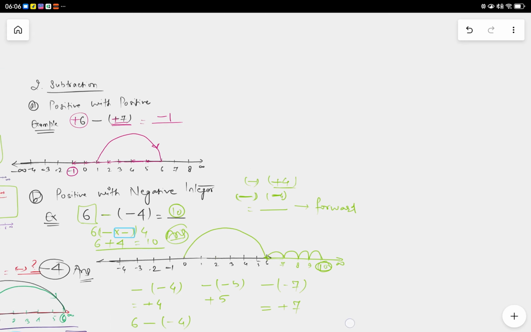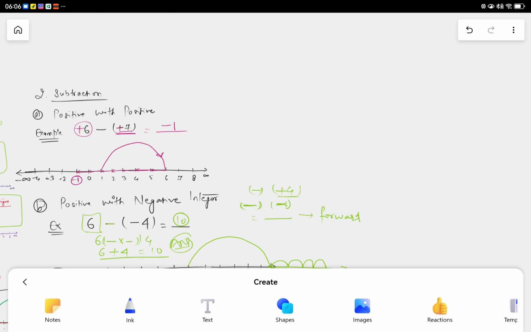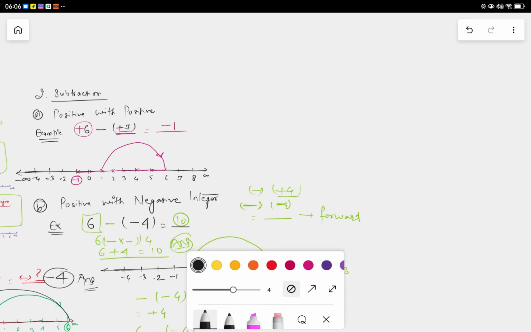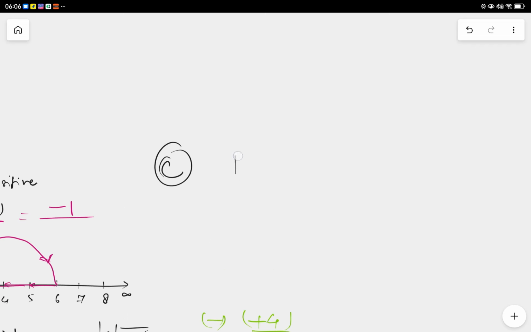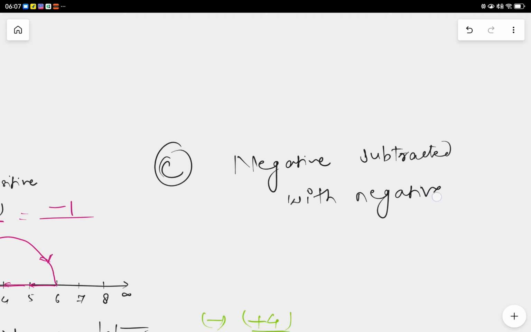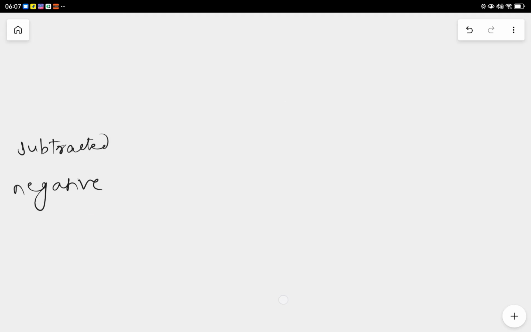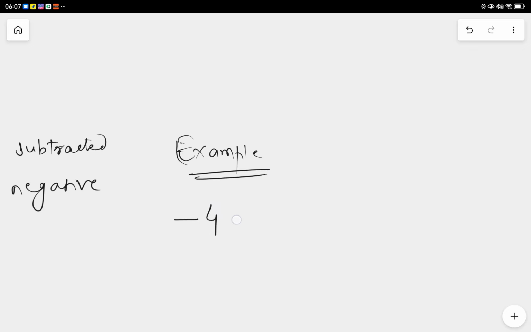Okay, what will be my third case? My third case is C, negative subtracted with negative, and the example is -4 minus -6.